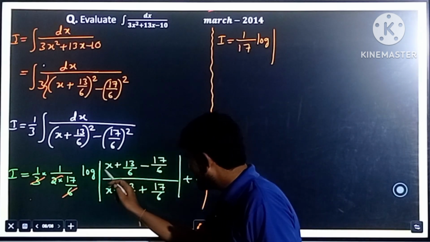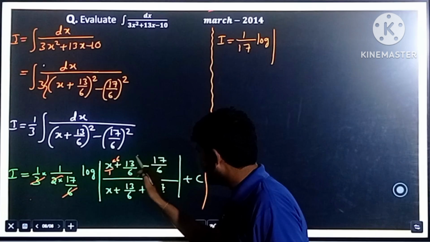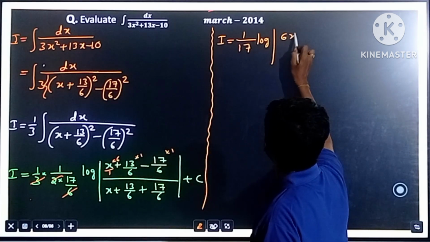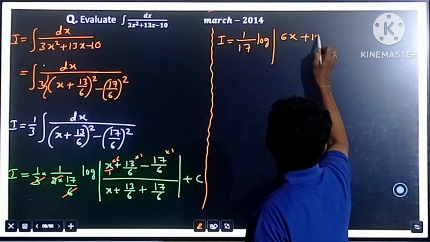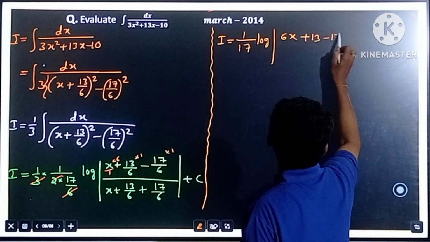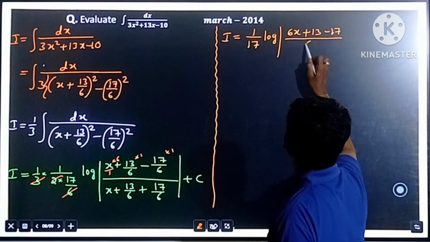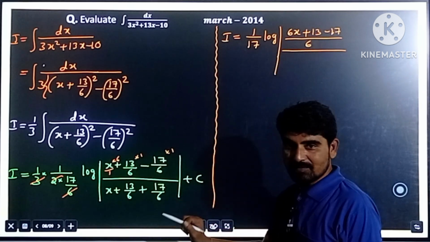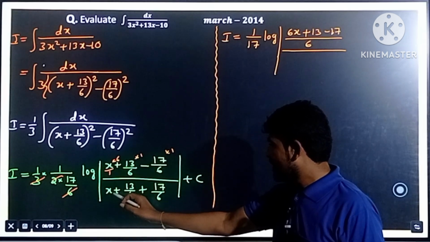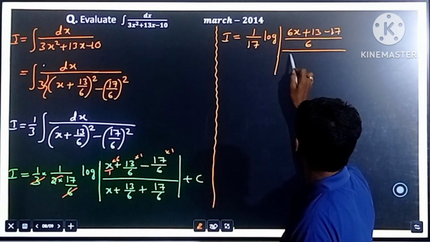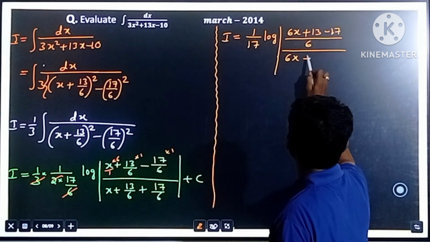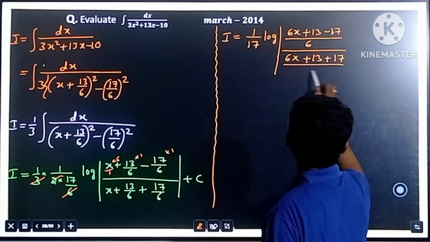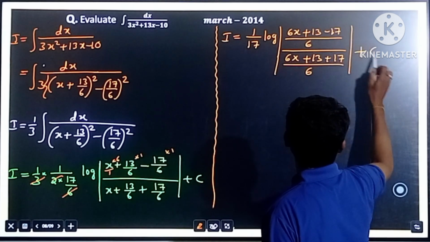Here multiply by 6, here multiply by 1, here also multiply by 1. So the answer is 6x plus 13 and then minus 17, divided by, LCM is 6, and whole divided by, here also in denominator LCM is 6. So multiplied by 6 to the first term, so 6 into x, 6x, and then plus 13 and then plus 17 divided by 6, plus integral constant c.